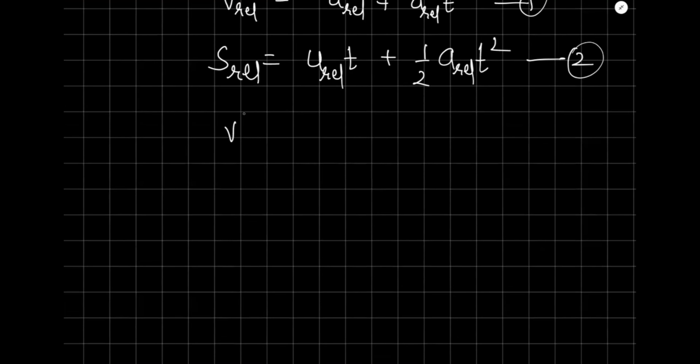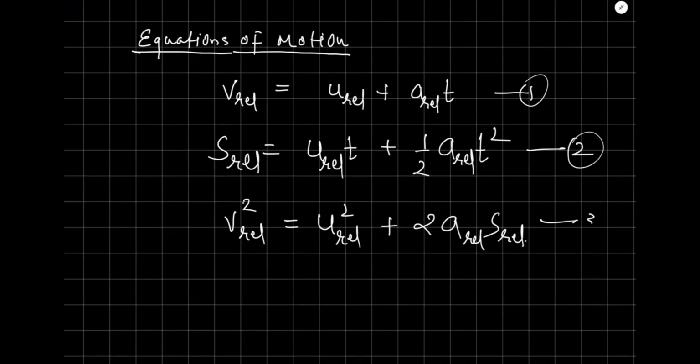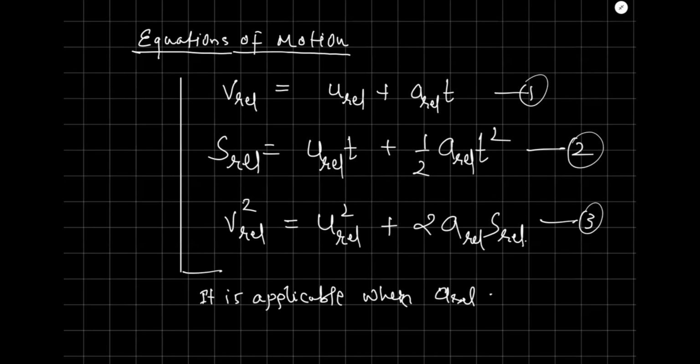Similarly, our third equation, v square equals u square plus 2as. Here also we use relative for everything except time. This is our third equation of motion. It is applicable when a relative is a constant. Now the next term is the velocity of separation or approach.